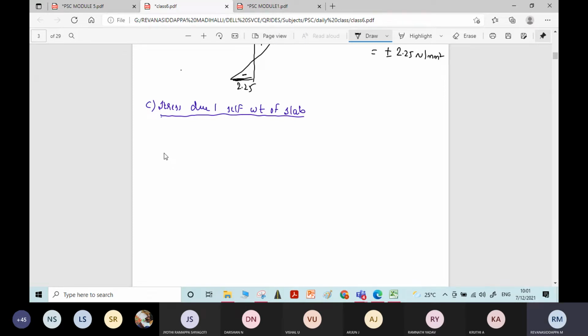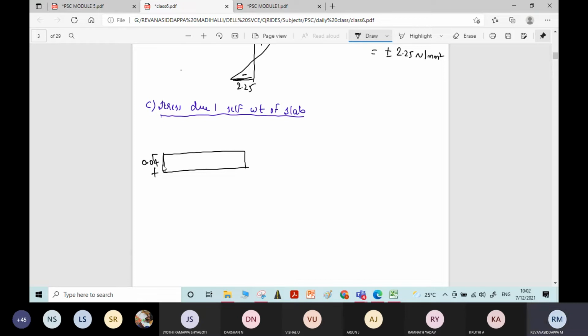Let me write the cross section, a small cross section here. The thickness of the slab is given as 0.04.